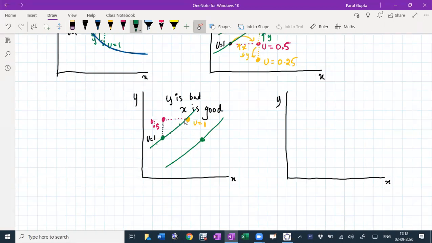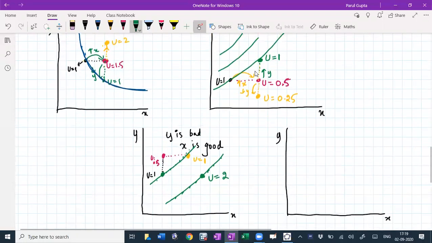All these points are utility 1 and these points are some other level of utility. Does this point have higher utility than 1 or lower? Higher, because it has the same amount of the bad commodity, but more of the good commodity. So this is going to be higher, let's call it u equal to 2 or something like that.